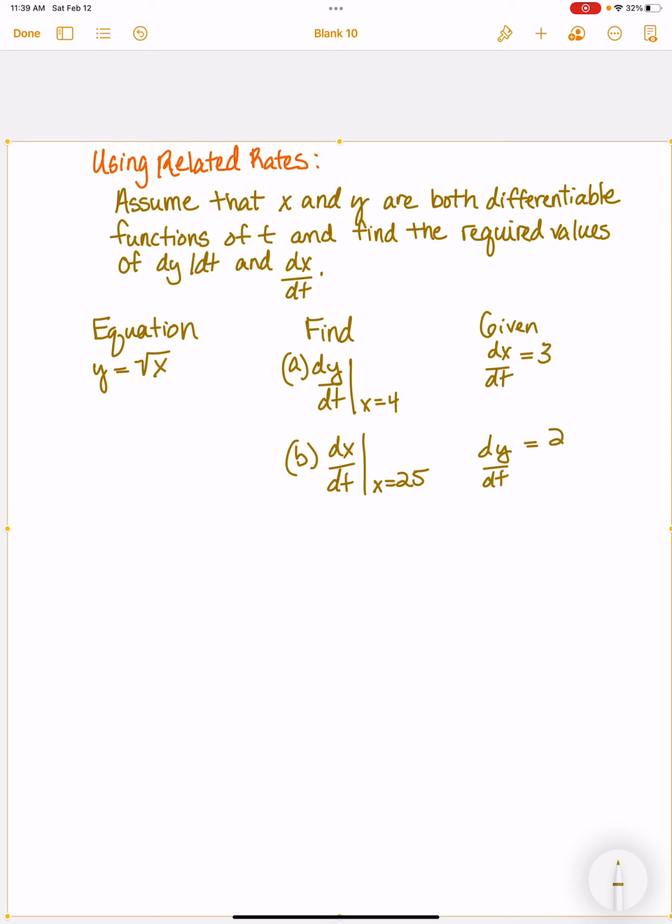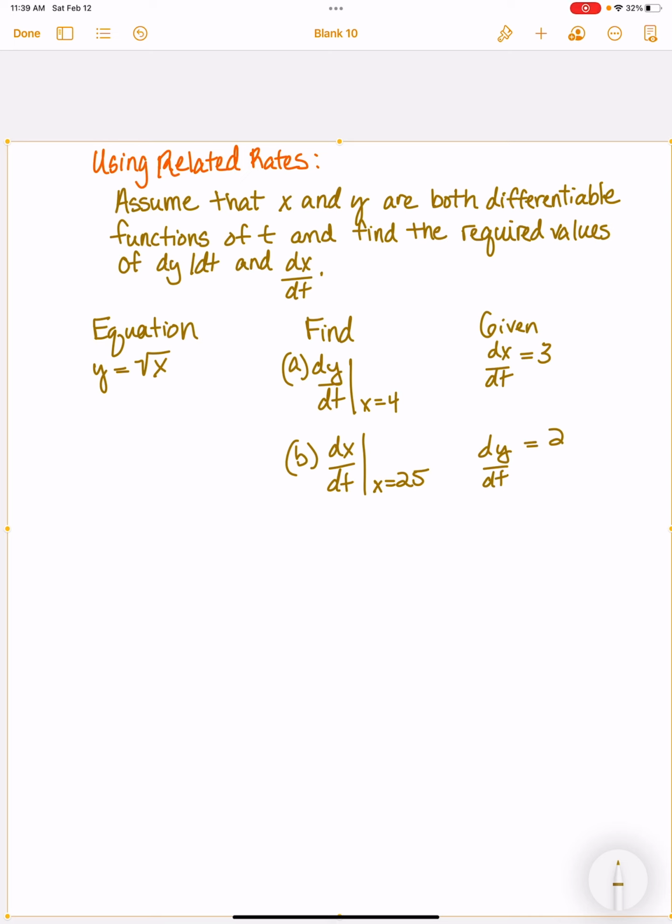I'll tell you what, let's go over what is a related rate. So I think we should start there. So what is a related rate? Well, I see the word rate, and I know that that means derivative. So if I look at our problem, y equals square root of x, I know that I could be talking about dy/dx or dx/dy. But related rates are a special group of differentiation problems.